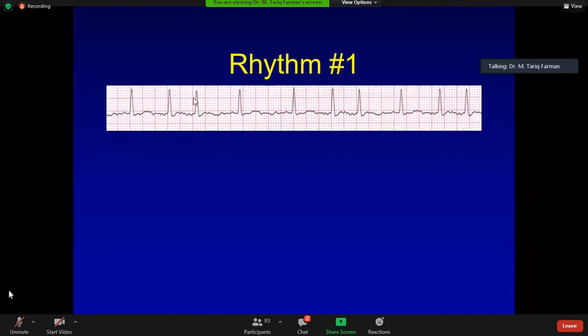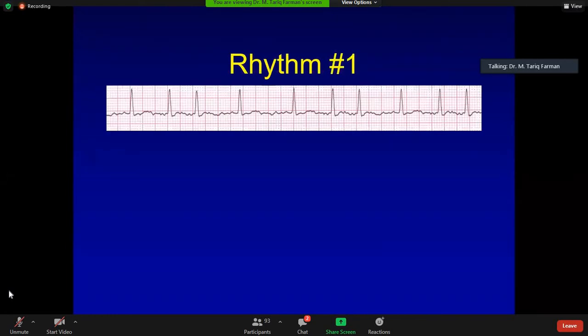And in the QRS complexes, you see the duration between them constantly changing. It's variable. So there are two typical findings, and if you have these two typical findings over the ECG, then it's very easy for you to diagnose the rhythm.